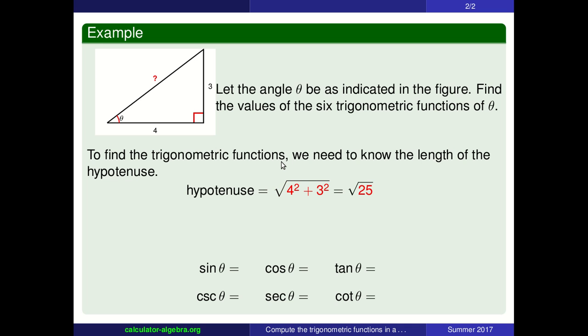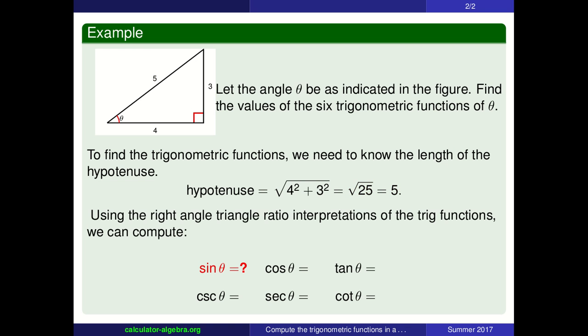So we get a radical of 25. And 25 is of course equal to 5 squared. So our hypotenuse here has length radical of 25, which is exactly equal to 5. All right. So now we know our hypotenuse.